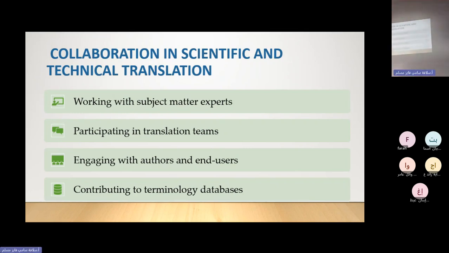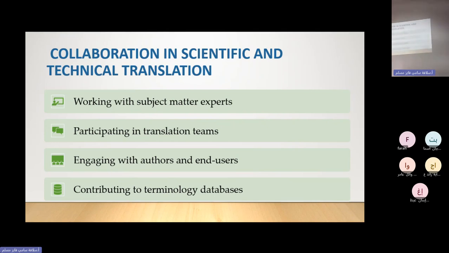Collaboration in scientific and technical translation. Remember, I told you, even though you have the expertise in translating, you need other experts' opinions. Okay? You need to collaborate.